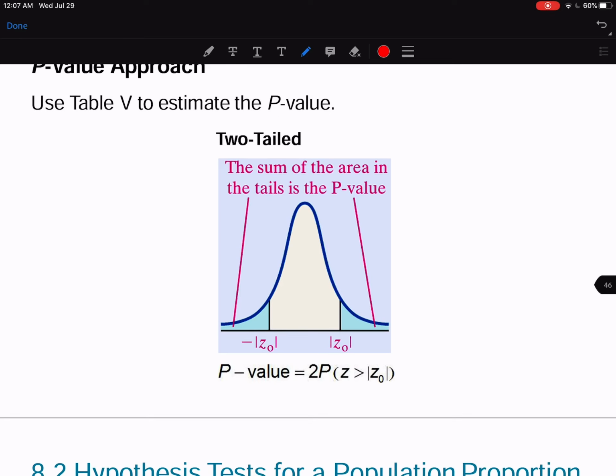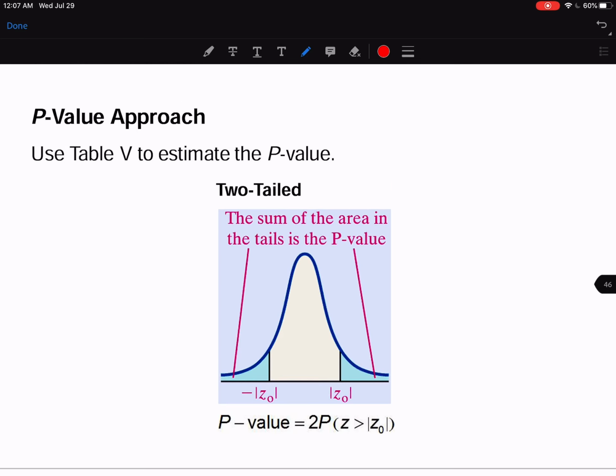So a two-tailed test means that the alternative is p is not equal to p sub 0. So this means that p could be greater than p sub 0, or p could be less than p sub 0.